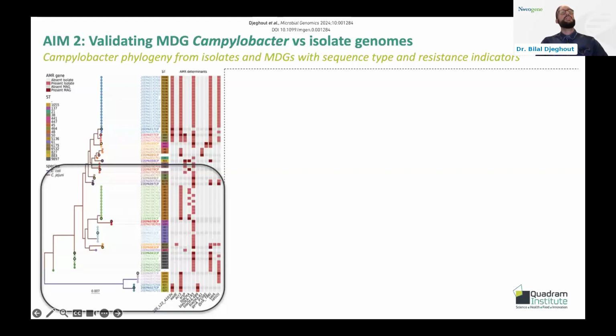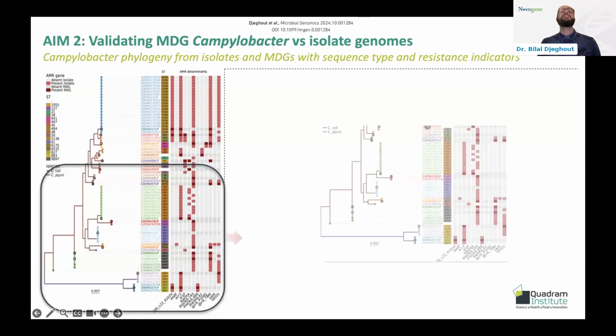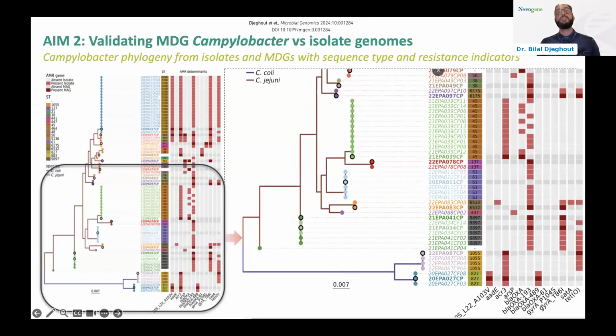Moving on to our second aim, we validated Campylobacter metagenome-derived genomes against isolate genomes. This phylogenetic tree on the left illustrates the relationship between the MDGs and isolates from the same stool samples, with MDGs indicated by the black ring.